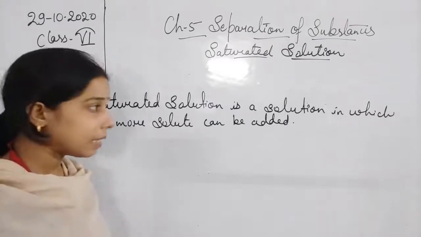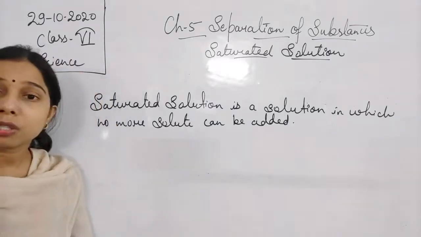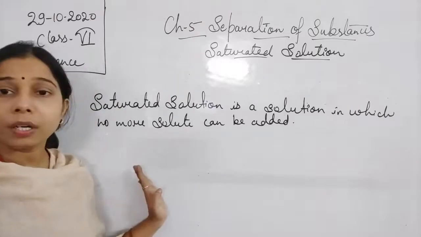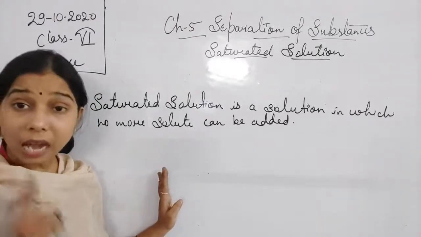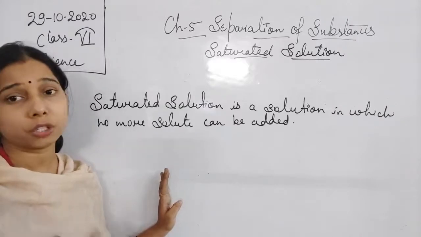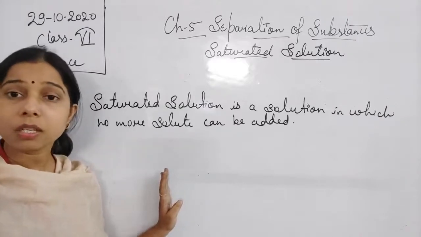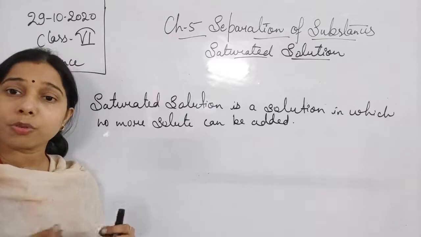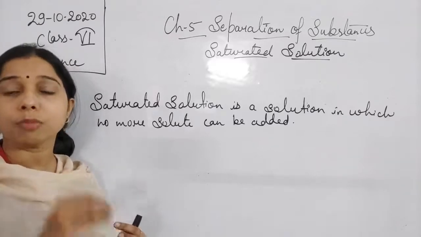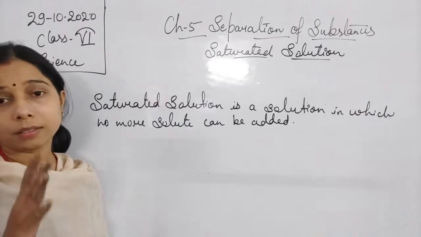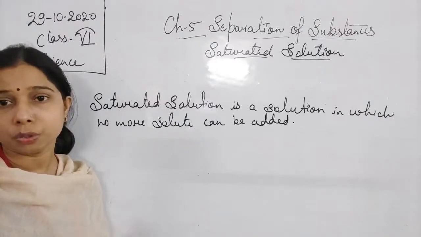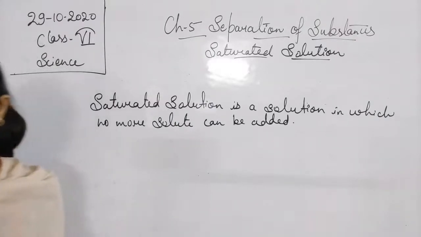Okay, and that stage in which the liquid does not dissolve the solute is known as a saturated solution. It means that if you add more solute, more sugar, to that solution, it is not going to dissolve, and such a solution is known as a saturated solution.